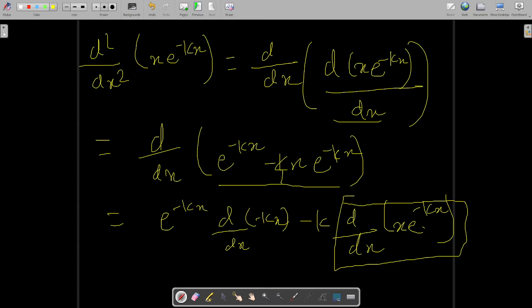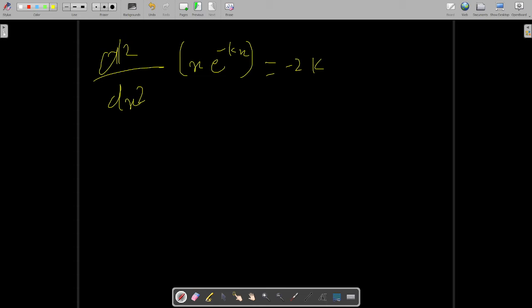After I make those substitutions, which I am not showing over here, you will get d2 equal to minus 2k e to the power minus kx plus k square x e to the power minus kx. So this is the double differentiation value which you got.